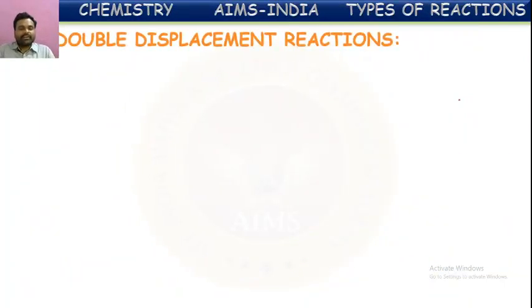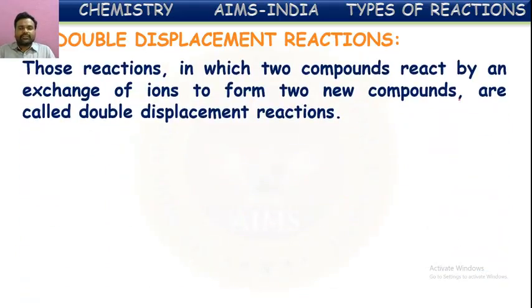Next type of chemical reactions are double displacement reactions. Those reactions in which two compounds react by an exchange of ions to form two new compounds are called double displacement reactions. What is happening here? Two compounds are reacting, and when they combine, they exchange their ions mutually.